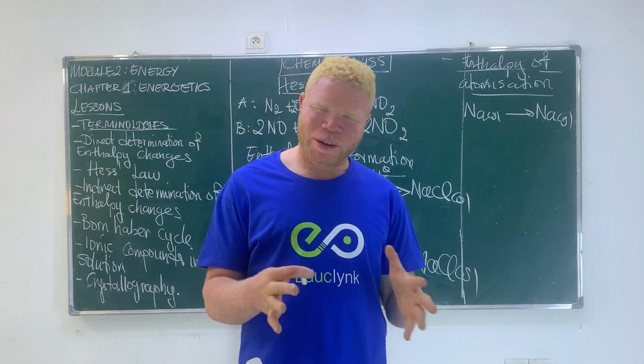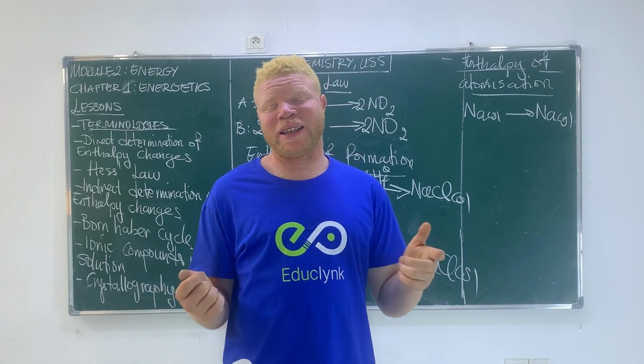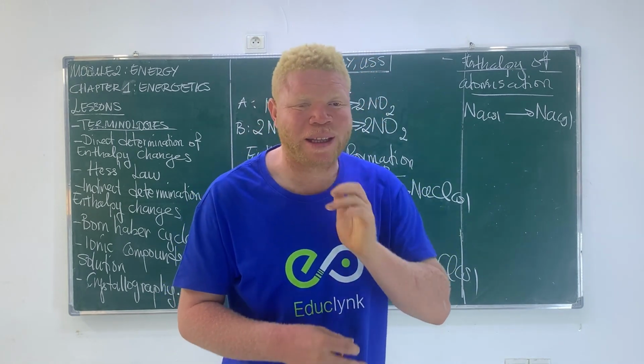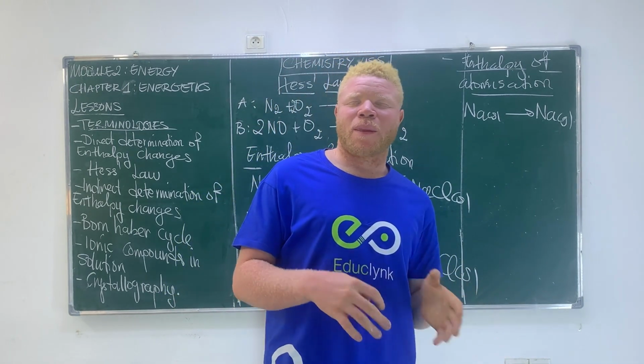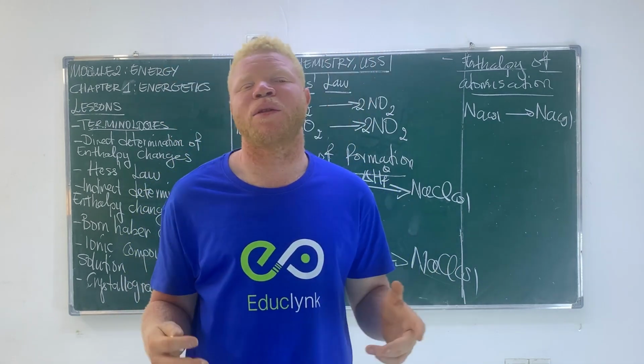It's not only metals that we can atomize. It's not only solids that we can atomize. We can also atomize gases. In atomization, we're actually breaking bonds. If it's a metal, we're breaking the metallic bond. If it's a covalent compound, we're breaking the covalent bonds.